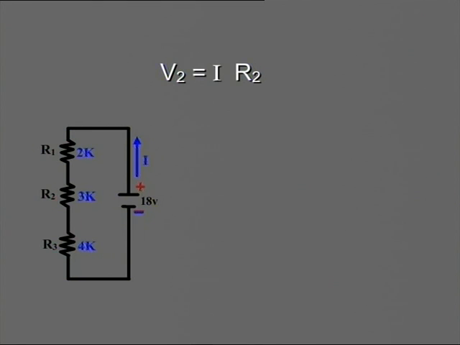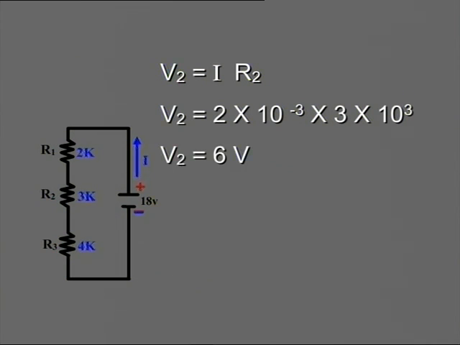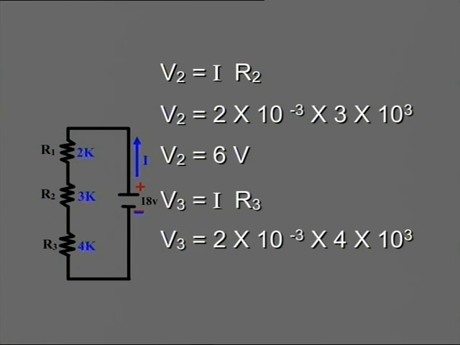V2 is equal to I R2, which is 2 into 10 raised to minus 3 into 3 into 10 raised to 3. We get V2 is equal to 6 volt. Similarly, V3 is equal to I R3, which is 2 into 10 raised to minus 3 into 4 into 10 raised to 3. We get V3 is equal to 8 volt.